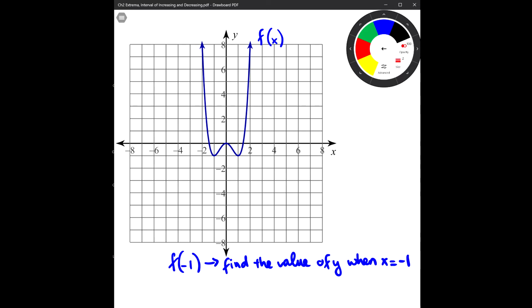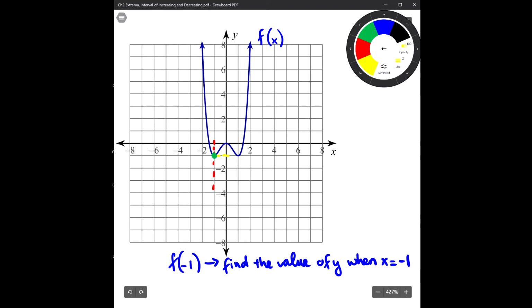Right here is -1. And we try to figure out a point on the graph. So we see that when x equals -1, we found a point on the graph, which is the green point. And how do we figure out the y value from there? We try to match it up with the y-axis.